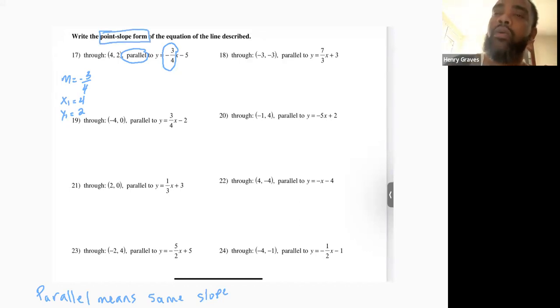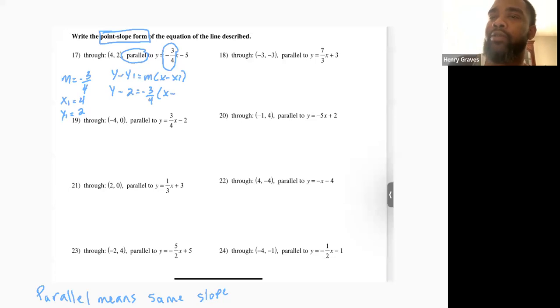Okay, so now I'm going to write my formula: y minus y1 equals m(x minus x1). So I'm going to do y minus 2 because the y1 is 2. m is negative 3/4, which is also 75 cents. And the x1 is 4.